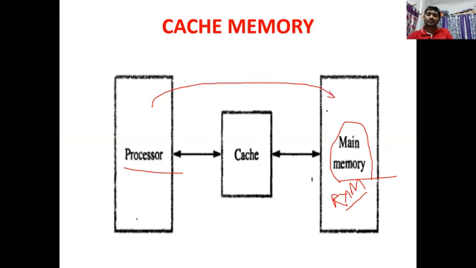The processing speed is very high, and the RAM may not be able to supply data at that speed. So what we do is use an intermediary memory called cache memory. The frequently referenced ones will be available here. For example, if you open your browser and type G, automatically Google will be shown, google.com or gmail.com.